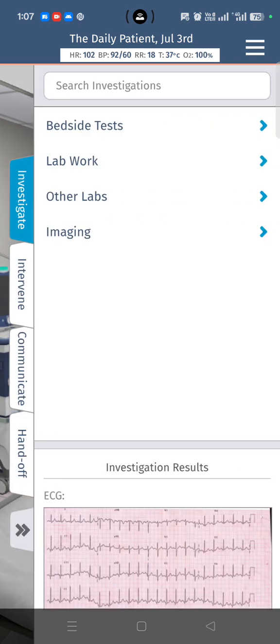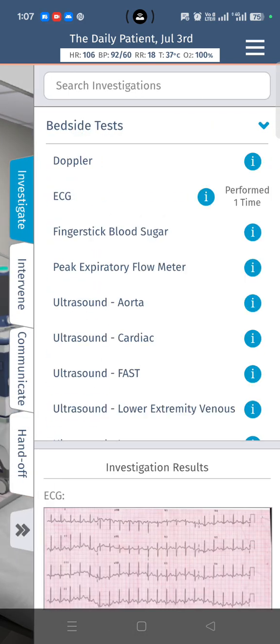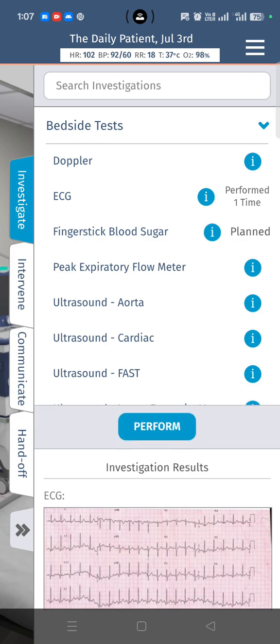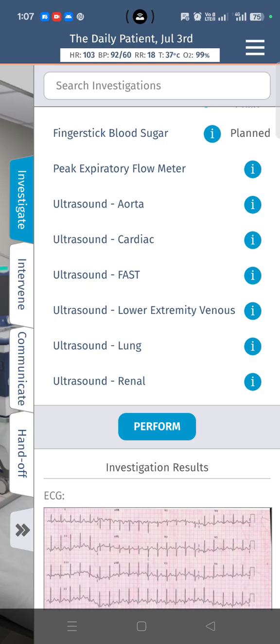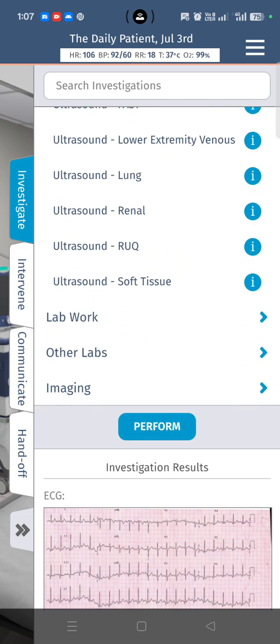Now let's conduct basic investigations for this patient. We can first take blood sugar levels. As the patient is experiencing abdominal pain, we can conduct ultrasound of the right upper quadrant.